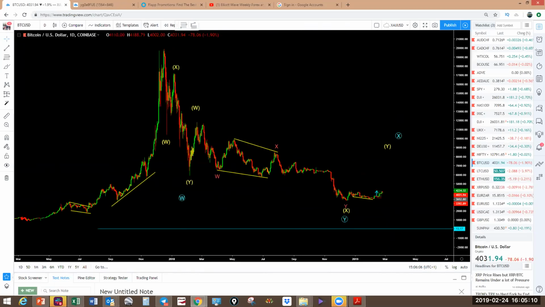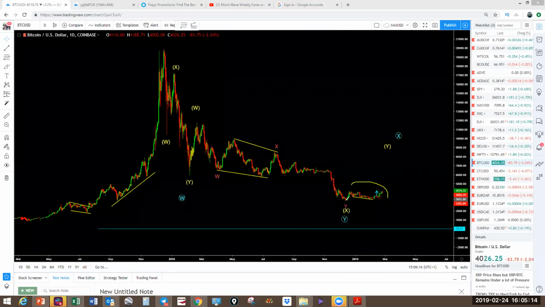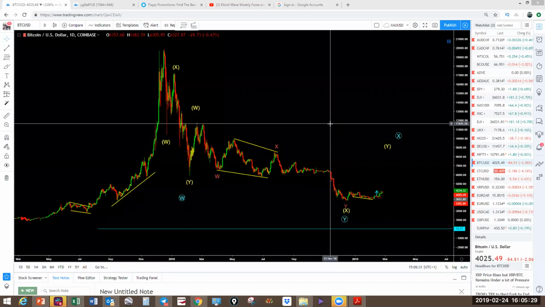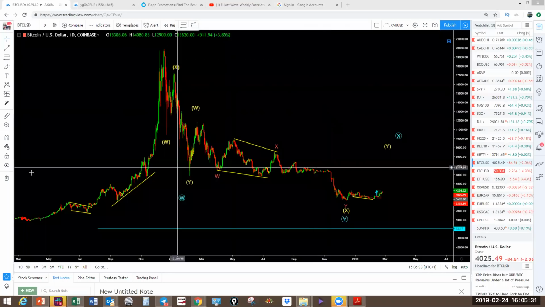Everything that we discussed last week is still valid and playing out as expected. So I'm going to look at this piece now, so we can see whether what we're looking at in the higher time frame is still in play. Right, just getting my annotation tool sorted here. So this is what we have.